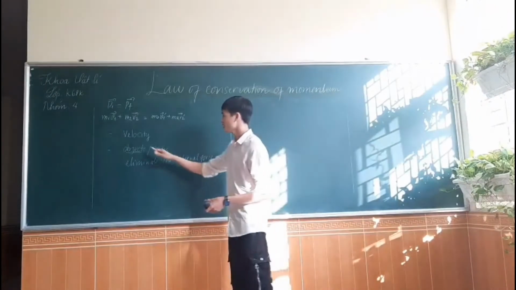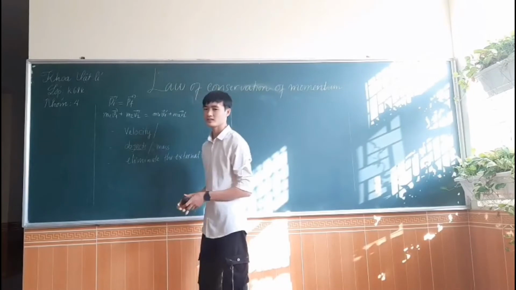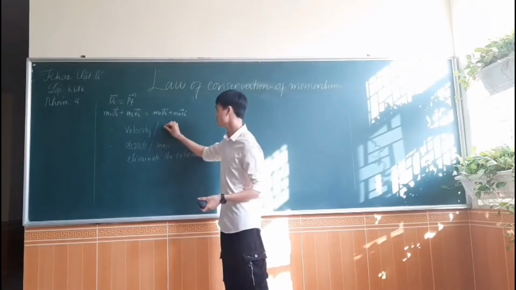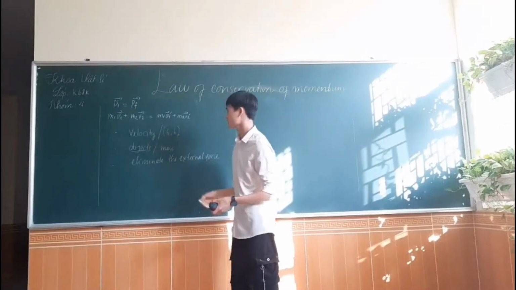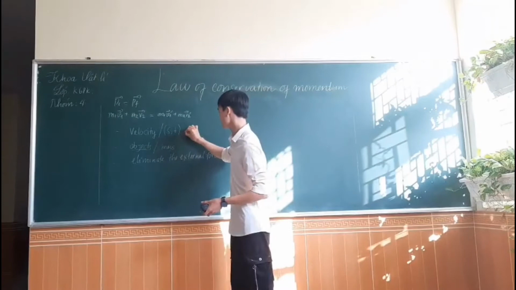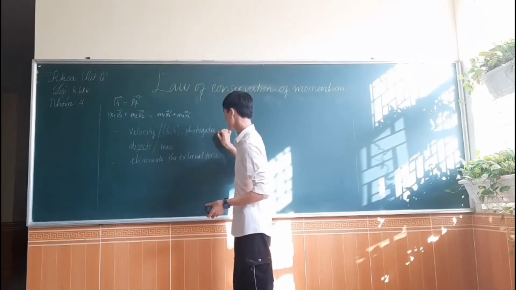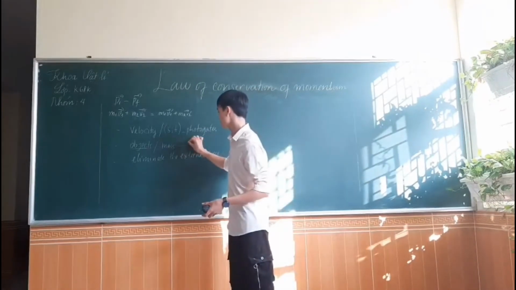Okay, so to measure the velocity, we need to measure the distance x and time t. Yes, we use the photogate. To measure the mass, we need a scale.